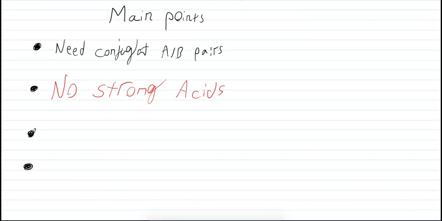These make terrible buffers and are just truly not good. It is a common mistake to have a conjugate acid-base pair of a strong acid and have that on exam, but that doesn't actually work because they're strong. You need weak acid and bases.